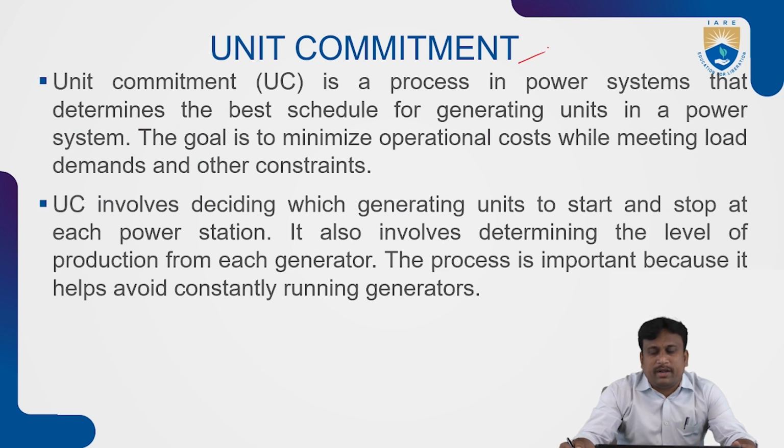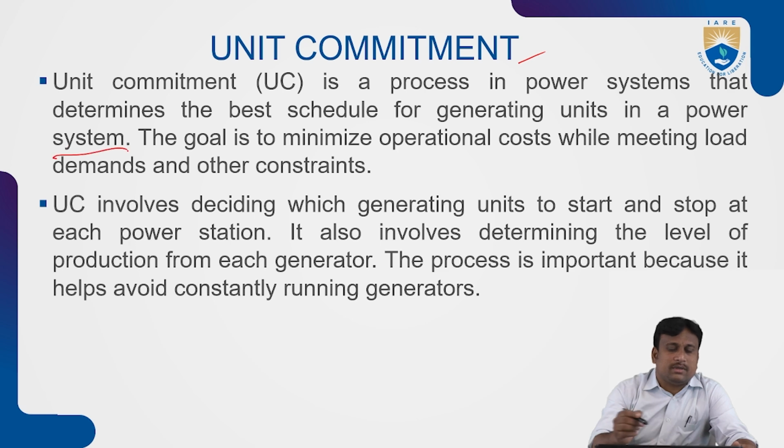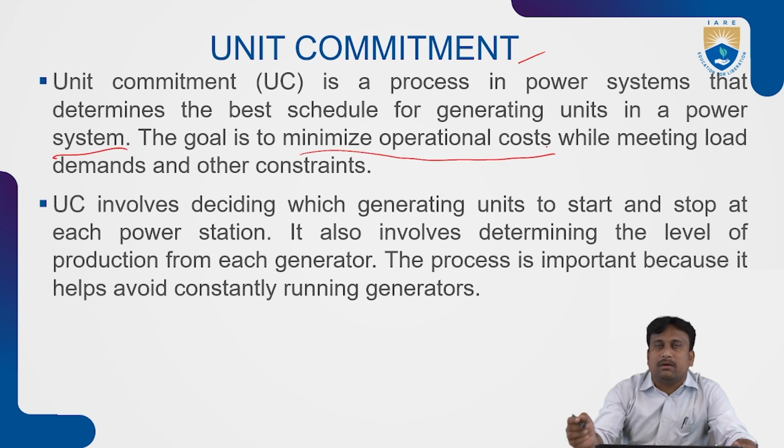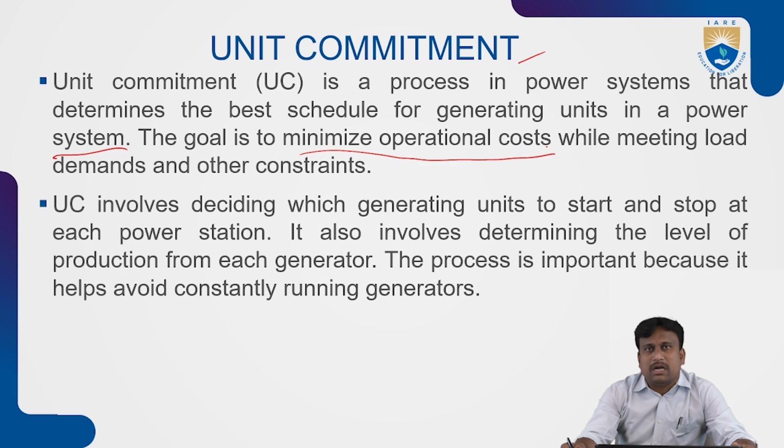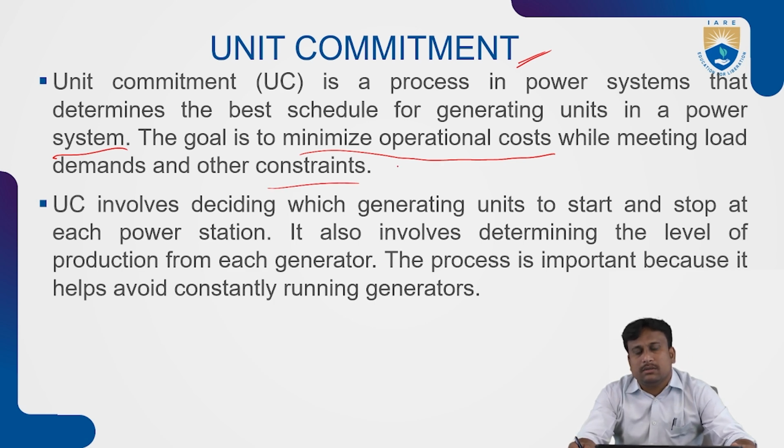Unit commitment is a process in power systems that determines the best schedule for all the generating units in a power system network. Here the goal is to minimize the operational costs. To reduce the operational costs, we are using the unit commitment problem while meeting the load demand and other constraints.